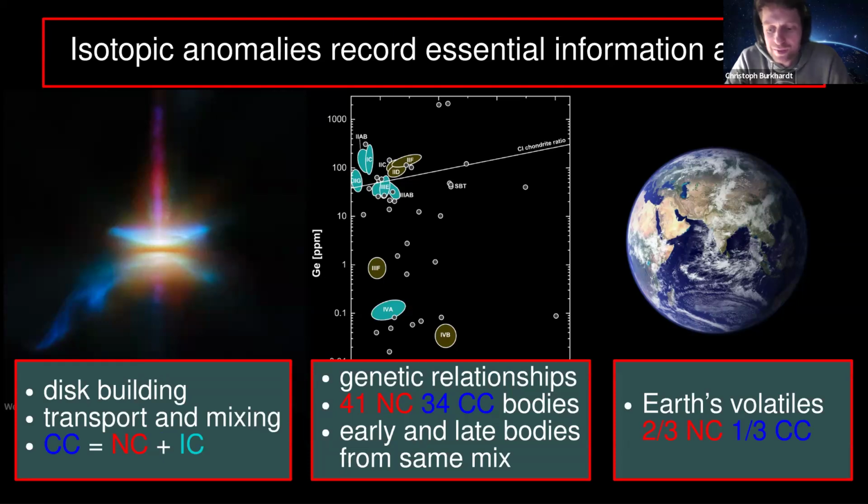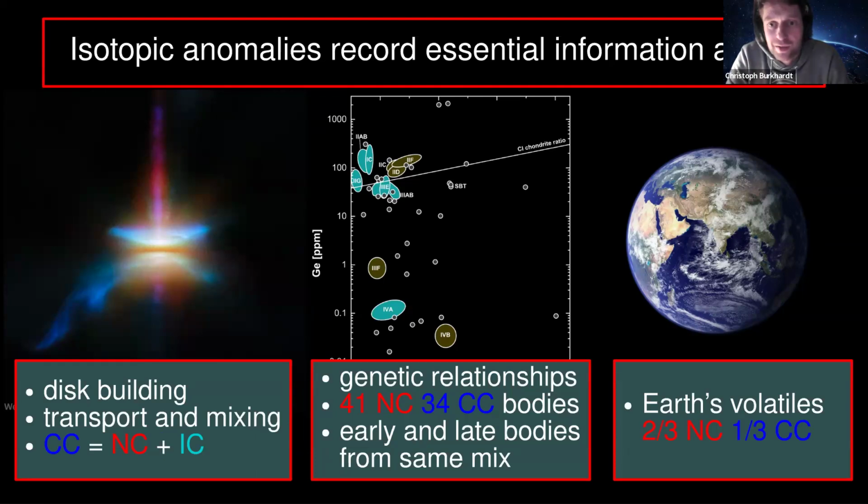In the scenario that we propose, if the early infall is Sun-like or CI-like, and this is through viscous spreading dominating the outer disk, then I would imagine that the outer disk is somehow similar to CAIs.